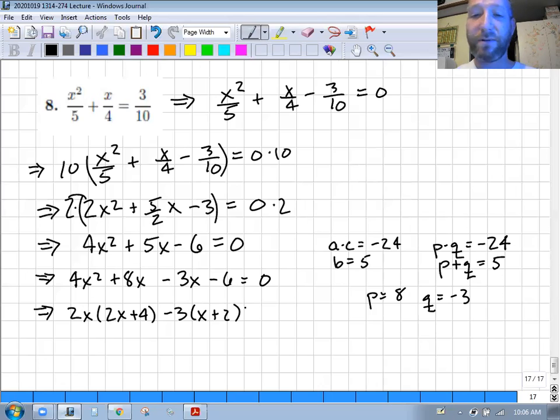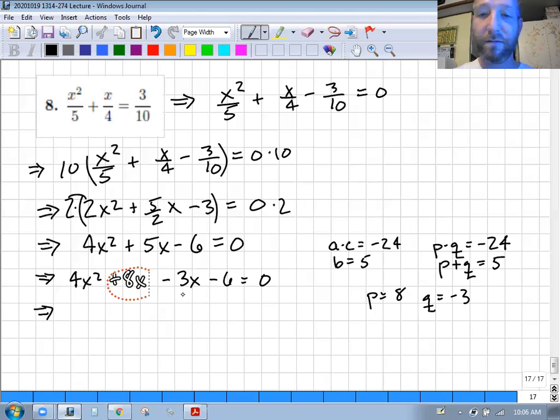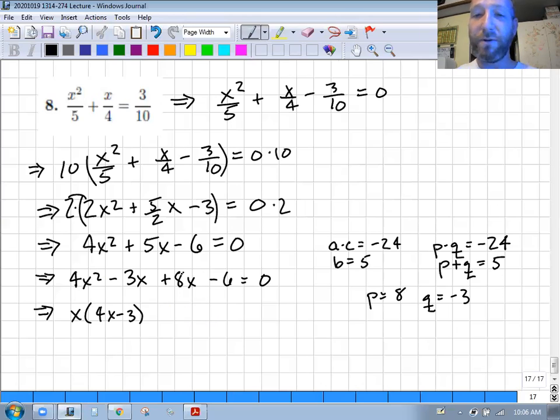I didn't get the same two terms. So what I think I need to do is maybe rearrange these. If I pull out an x out of these first two, I get a 4x minus 3. And then if I pull a 2 out of these second two, no, it's not working.